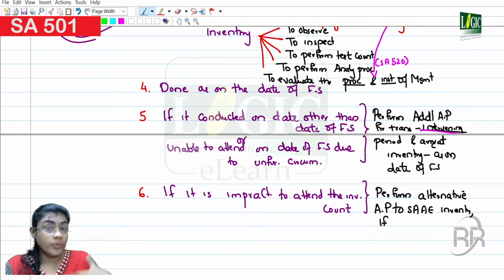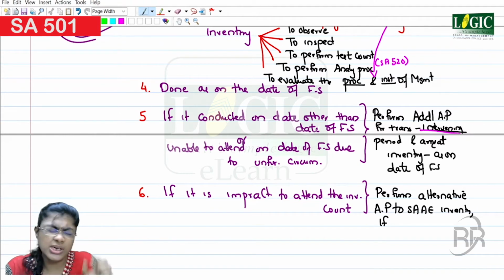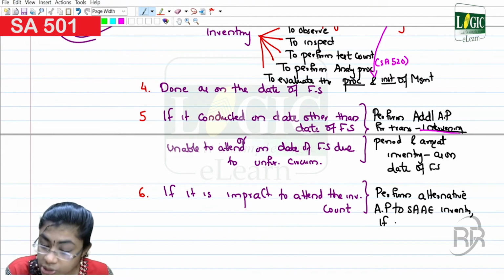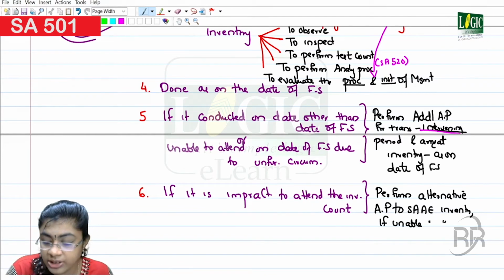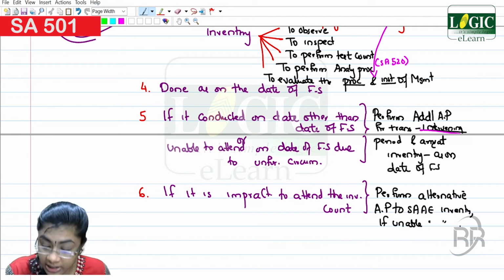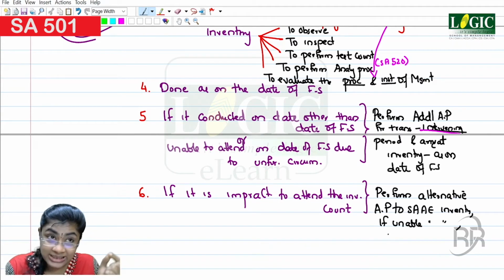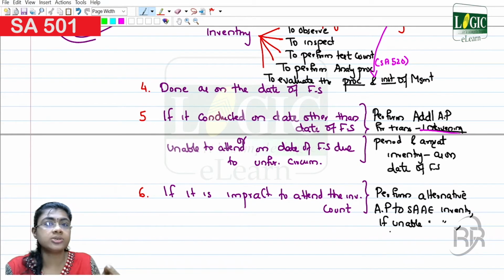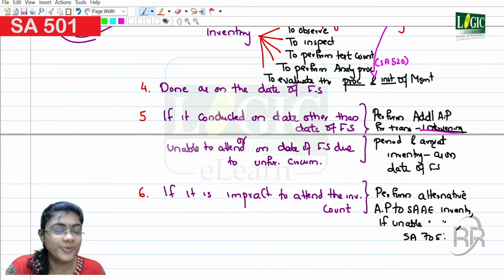See, we have tried to perform some other alternative procedure. Still, if you are unable to obtain evidence, you can't give an unmodified opinion. So, add that: if unable to obtain sufficient and appropriate evidence, then the auditor shall analyze its impact on his opinion as per SA 705. I will repeat.